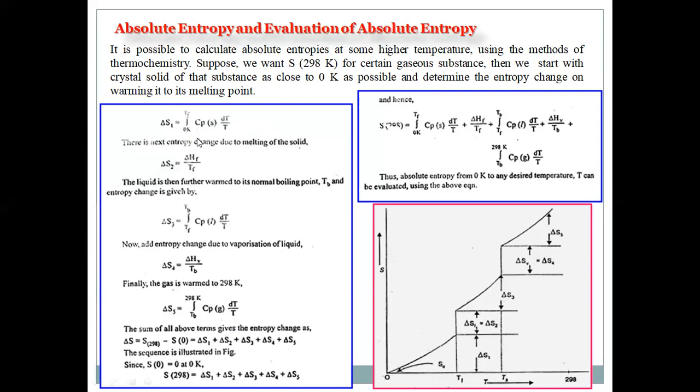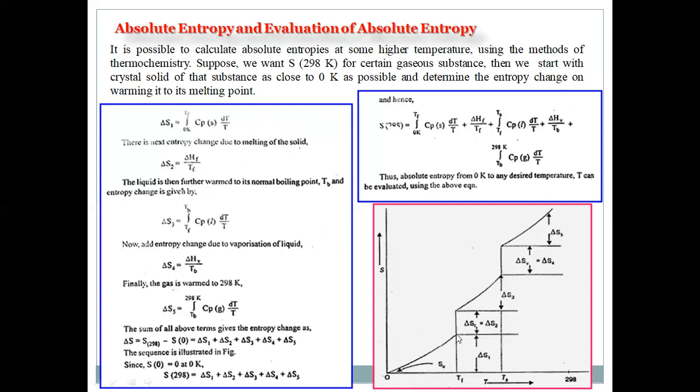Accordingly, we can calculate this entropy using this equation. First, delta S1 is given by the integration from 0 Kelvin to the temperature of fusion of Cp, that is the molar heat capacity at constant pressure, times dT by T. Again, the next entropy change is due to the melting of the solid.